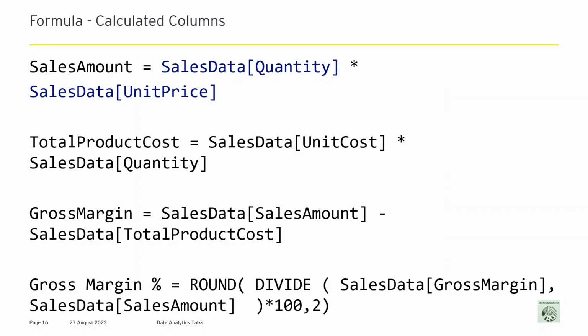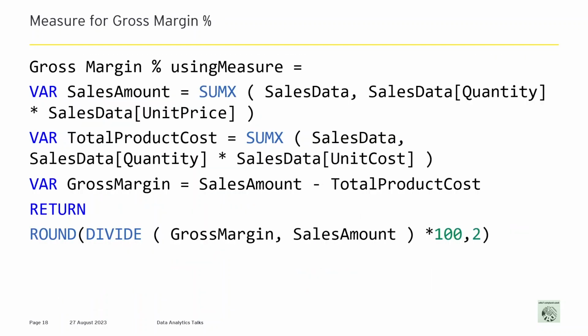Second, you will have to right click on the data set, add a new column, and create columns for sales amount, total product cost, gross margin, and gross margin percentage. So you can see these formulas and follow the steps. With that, we will be completing option 1 with the calculated column approach.